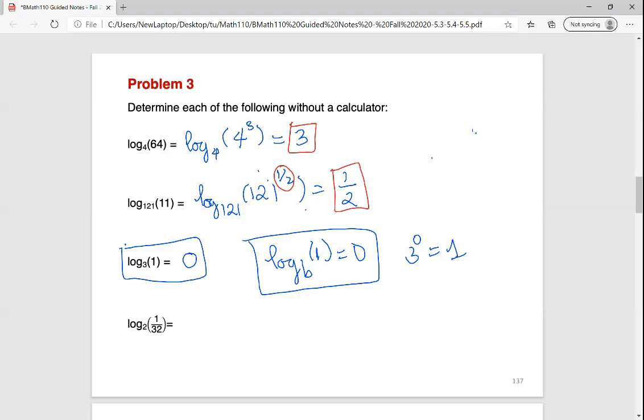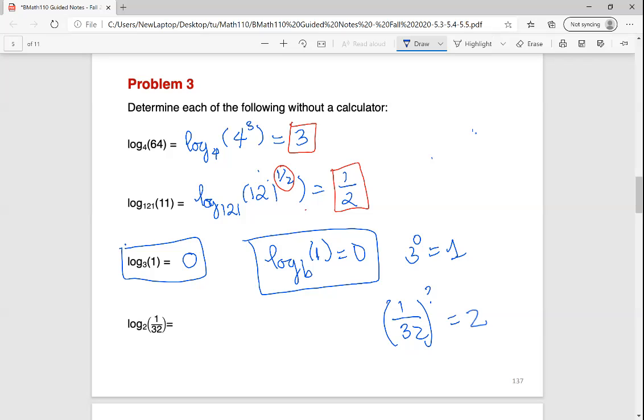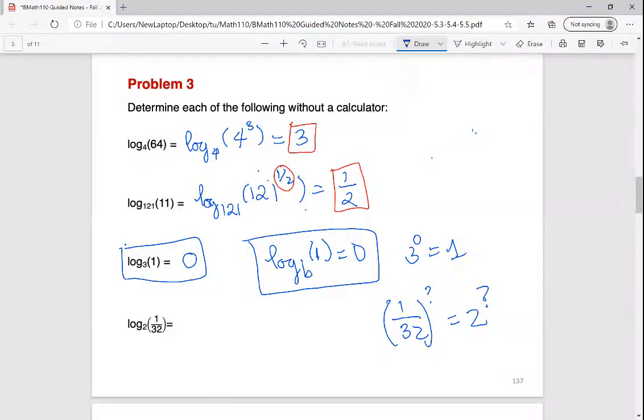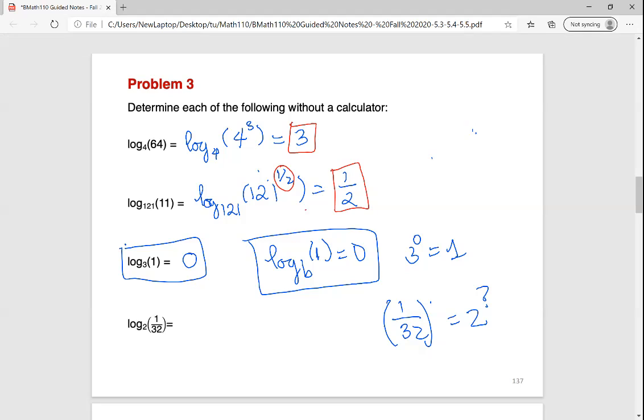So think about 1 over 32 to the power of something equal to 2, or maybe no, I have to say 2 to the power of something equal to 1/32. Sorry. For that case, you cannot make it easily, right?